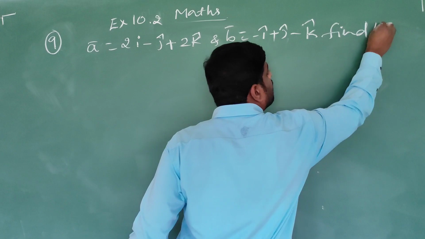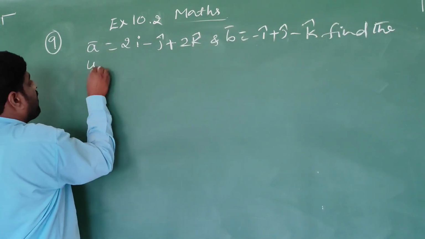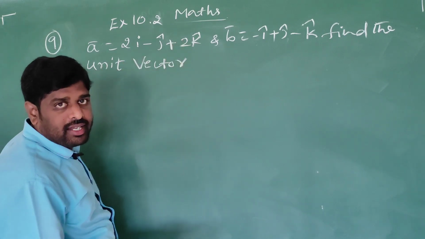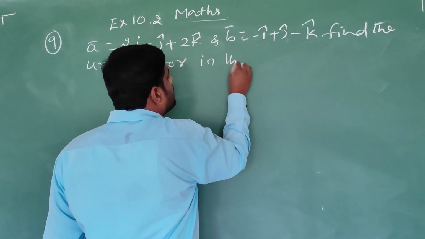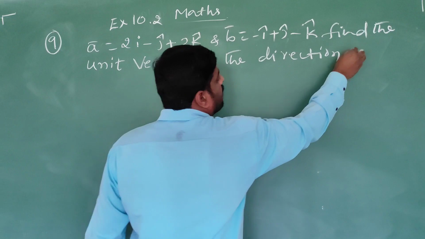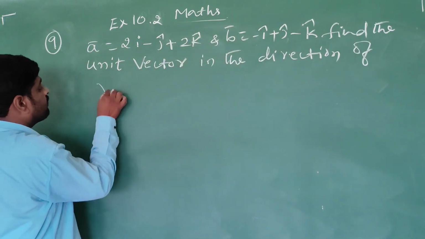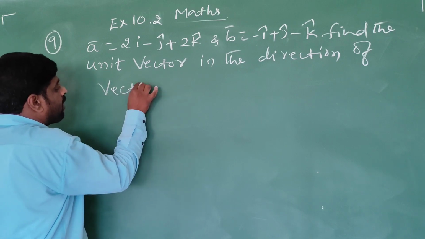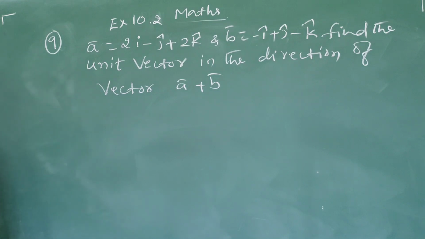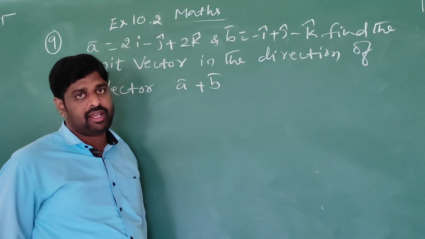Find the unit vector in the direction of the vector a bar plus b bar. This exercise 10.2 is very important for 2 marks and 3 marks questions.